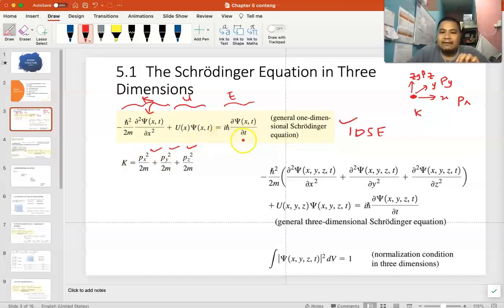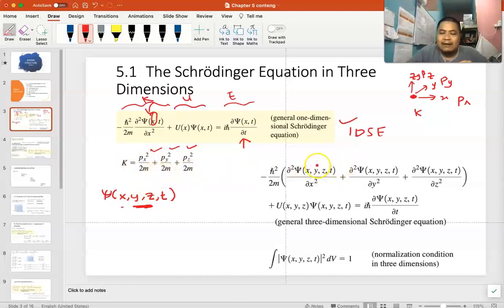So we have to modify this one-dimensional Schrödinger equation into 3 dimensions. Since this is for 1 dimension, we have to include the 3-dimension wave function, so x, y, and z, and the time. So we have 3 dimensions and 1 time, right? These are the new variables inside the wave function, and also we have a kinetic energy in 3 dimensions.